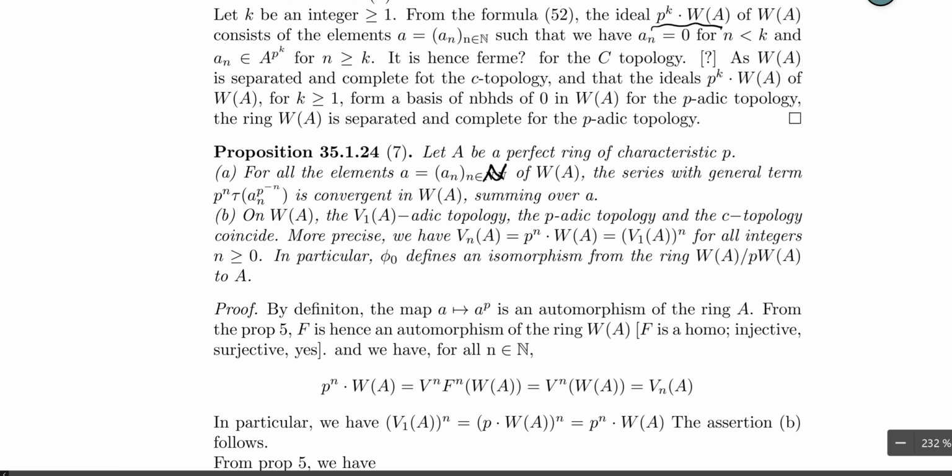The ideal consists of the elements when n is less than k.